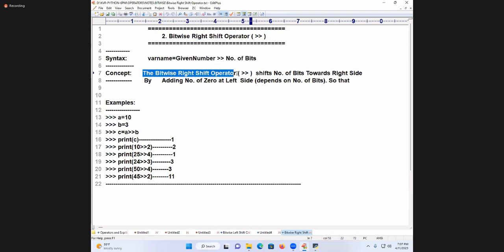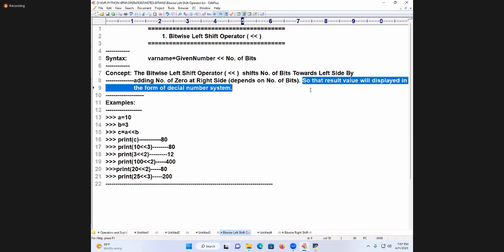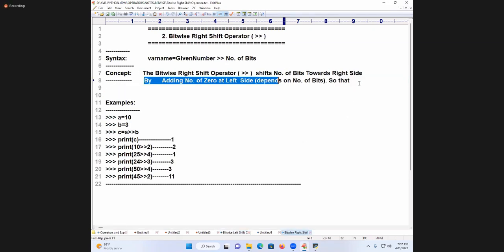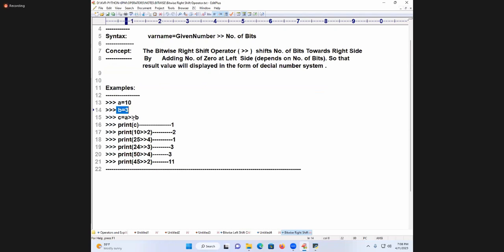The bitwise right shift operator shifts the number of bits towards the right side by adding zeros at the left side, so that the result will be displayed in the decimal number system. A is 10, B is 3, A double greater than B. Answer is 1. 10 double greater than 2, 10 by 4, answer is 2. 25 double greater than 4, 25 by 16.